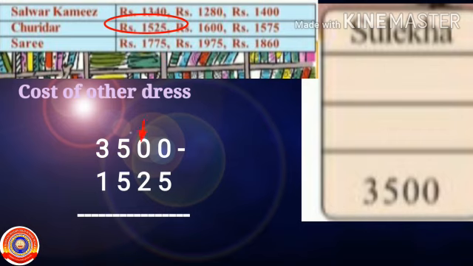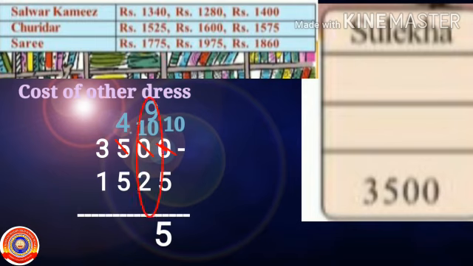So, this 0 becomes 10 and 5 becomes 4. From this 10, borrow 1 and carry it with the 0 in the ones place. So, this 0 becomes 10 and this 10 becomes 9. Students, let's subtract: 10 minus 5, 5. 9 minus 2, 7. Students, look here.